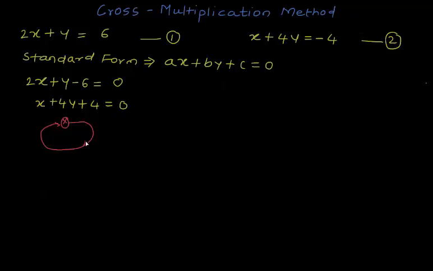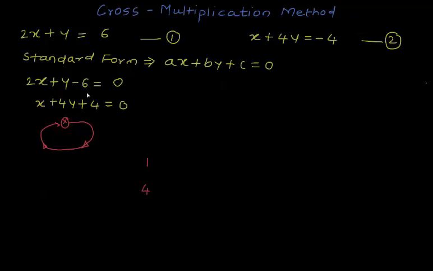So we'll go clockwise. Now let's write down the coefficient of y because y is the starting point. The coefficient of y for equation 1 is 1, and for the second equation, the coefficient of y is 4.